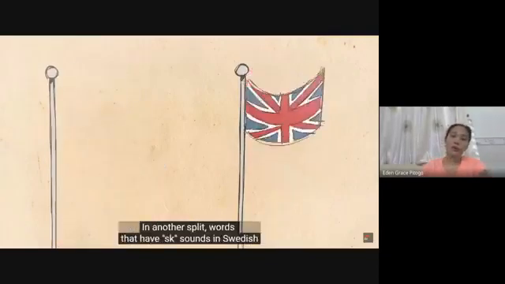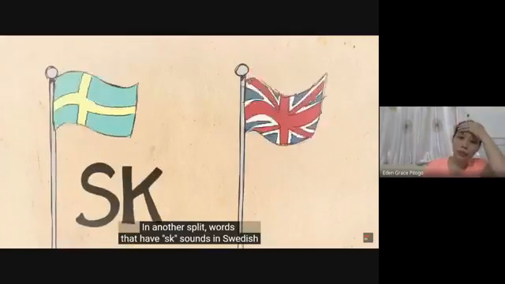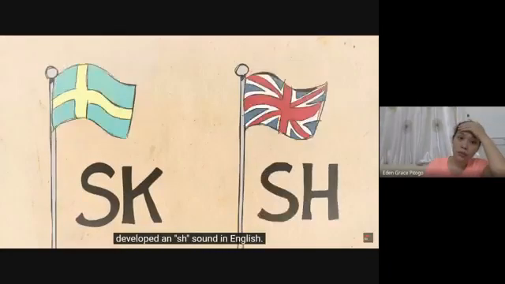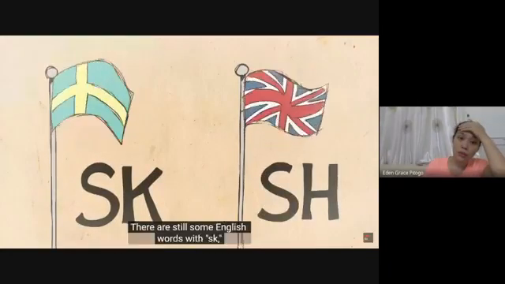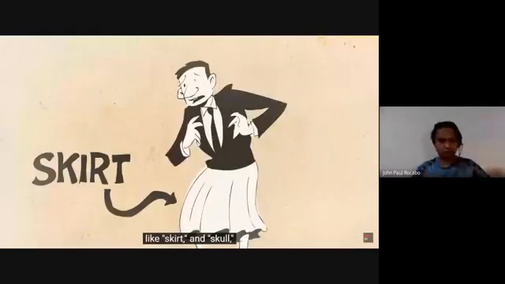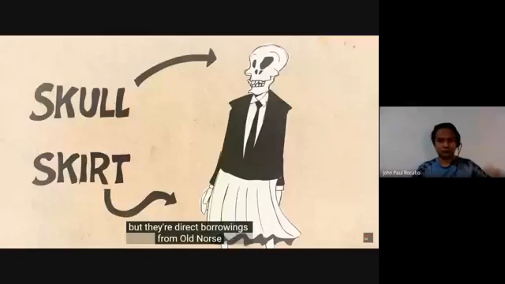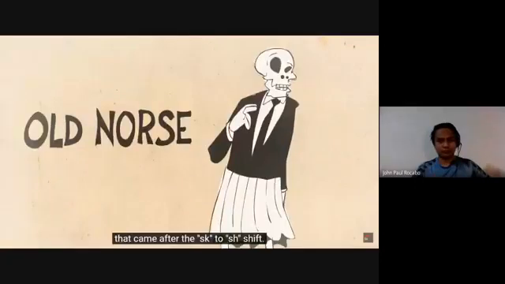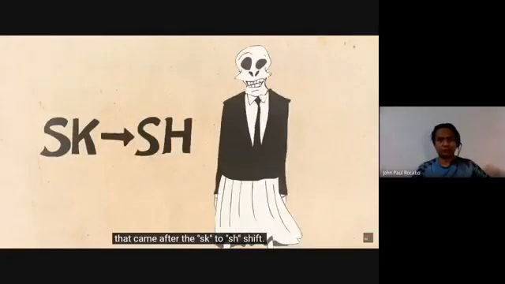In another split, words that have SK sounds in Swedish developed an SH sound in English. Words like skirt and skull have SK, but they're direct borrowings from Old Norse that came after the SK to SH shift.